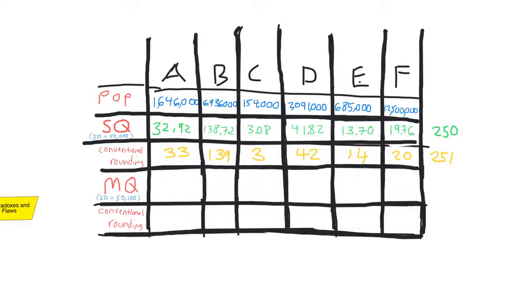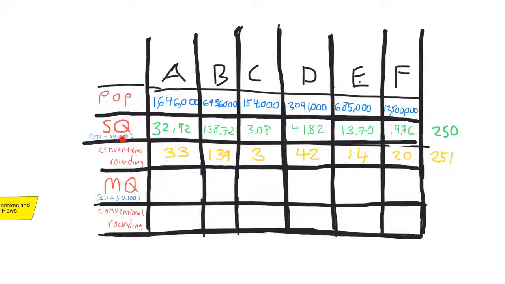As you may recall from not too long ago in this video, you can do it by bumping up the standard divisor. If you make the standard divisor larger, that will result in a standard quota that is smaller. And that is exactly what this row is meant to represent. This is going to be a row for the modified quota with a standard divisor of 50,100.